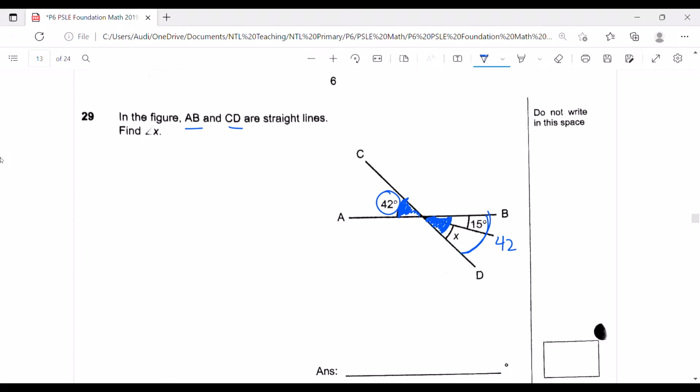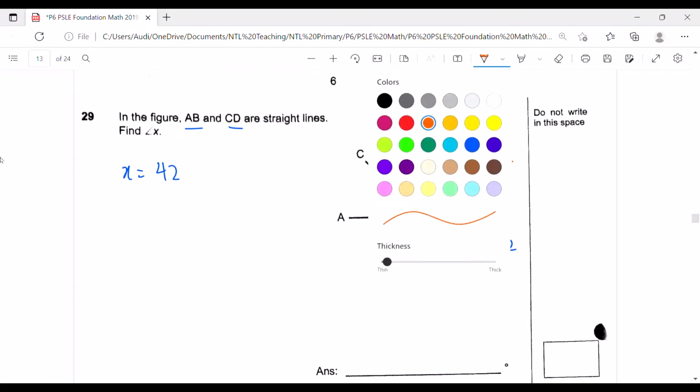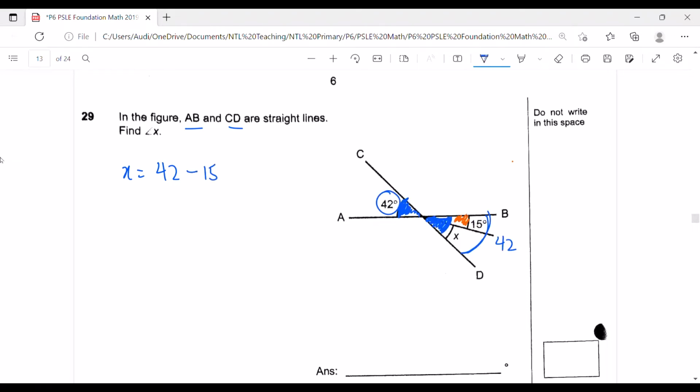So angle X will be 42, take away this part here, so that's 15, and so we get our answer. 42 minus 15, let's just do a quick calculation. So our answer is 27 degrees.